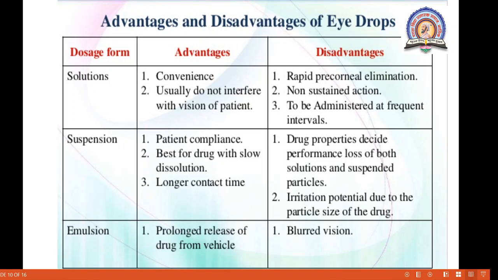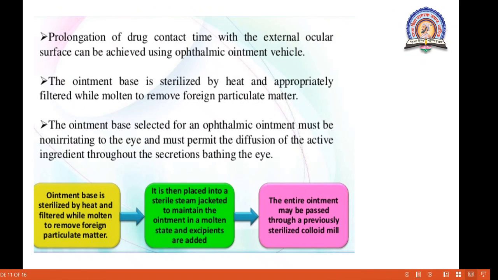In the suspension eye drop, the particle size test is done. If the particle size is more, irritation takes place. This is the disadvantage. Emulsion gives prolonged release of drug from vehicles. Then blurred vision is there when they apply it in the eye.